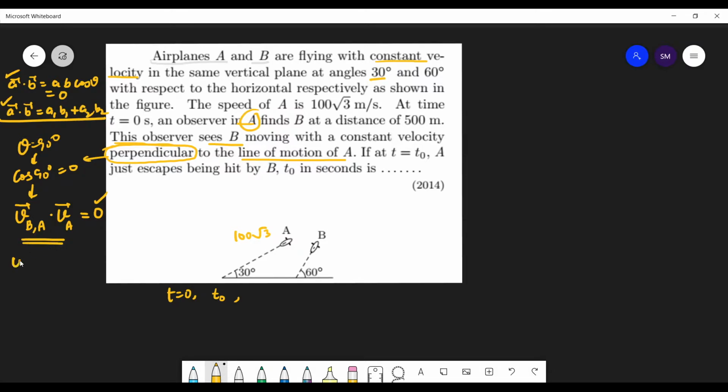So we have to find VBA and VA in terms of their components, like I cap plus something J cap, since I dot I is 1 and J dot J is 1. Then we will use this formula to find the dot product. So let's find VBA and VA. That's our target.